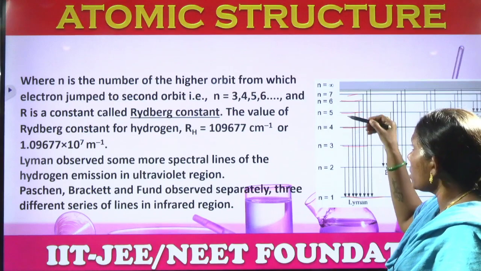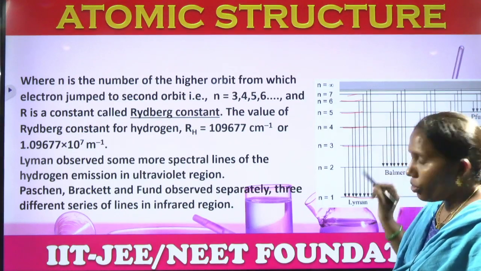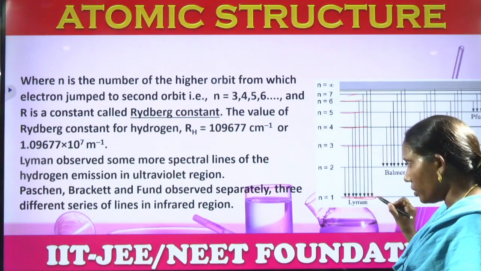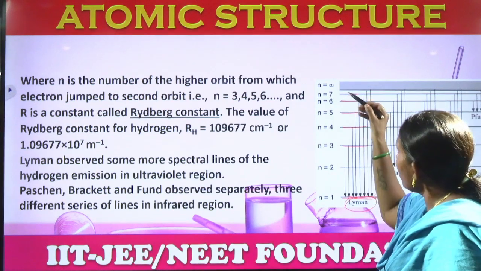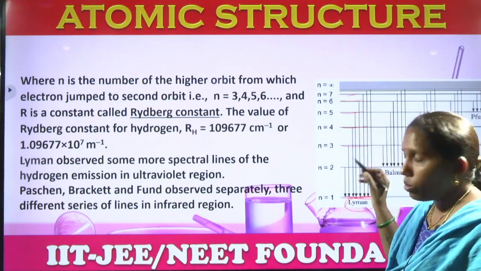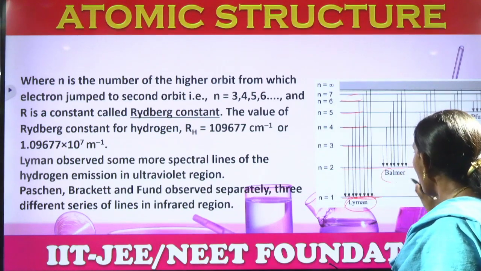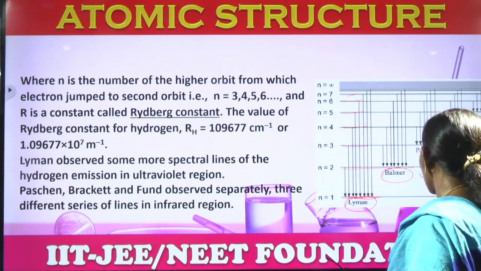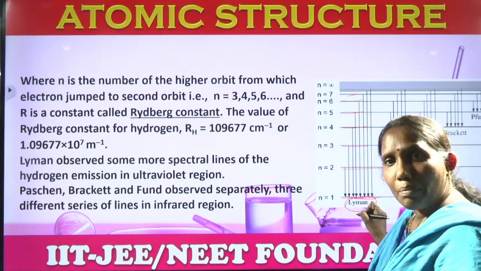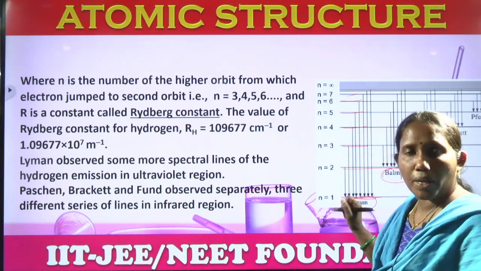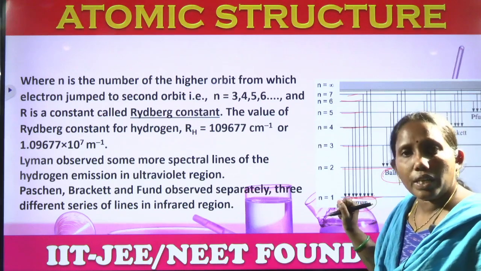When electrons jump from higher orbits to the first, that is called the Lyman series. When electrons jump from higher orbits to the second orbit, this is called Balmer. This is the visible region. The Lyman series we are unable to see, because it lies in the UV region.